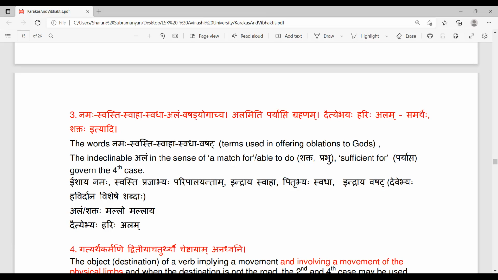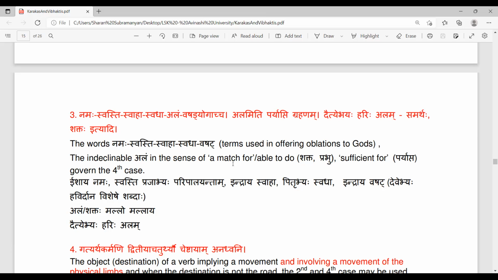So Swasti Prajabhyah: Prajabhyah is in Chaturthi Vibhakti because Swasti is there, which governs Praja in Chaturthi. Upapada Vibhakti. Indraya Swaha: when oblations are offered into the Agni, meant for Indra, to whom it is offered. Even though the offering is to Indra, because of the word Swaha, the word Indra is in Chaturthi Vibhakti.